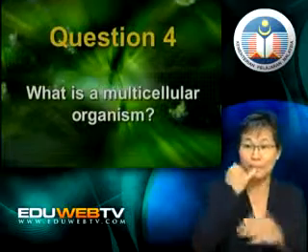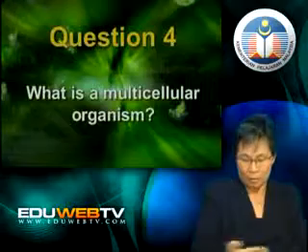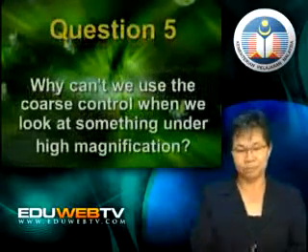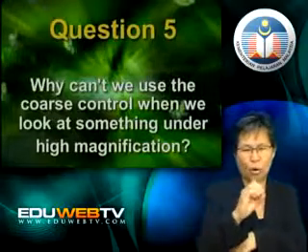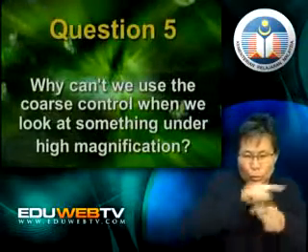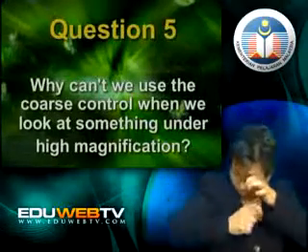What is a multicellular organism? Why can't we use the coarse control when we look at something under high magnification?